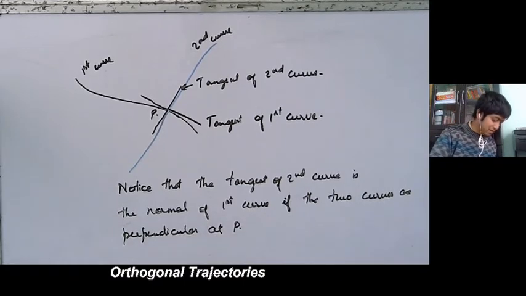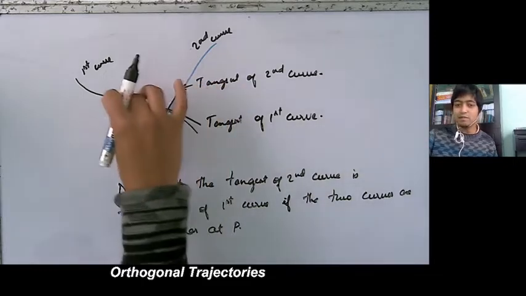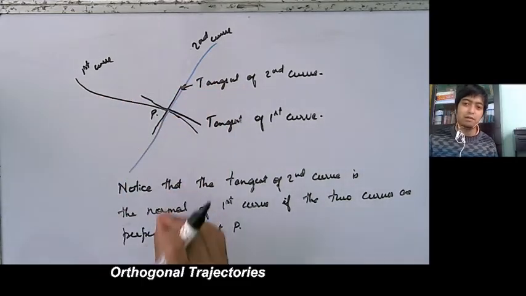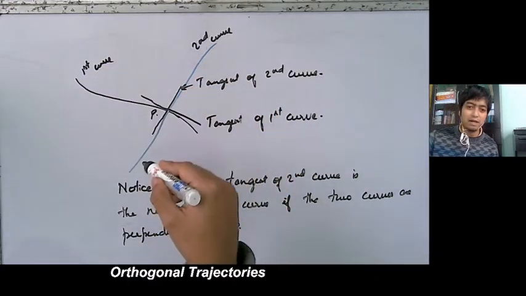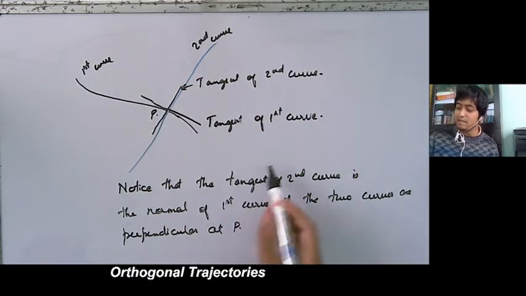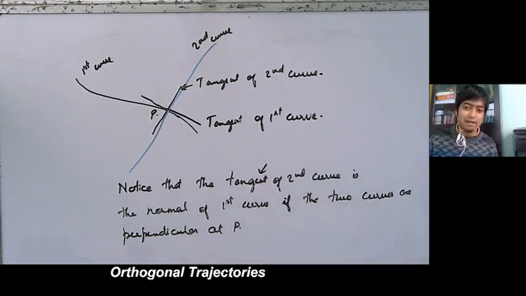So this is what I am saying. And because we are using tangents and normals, now from curves we have gone into straight lines. Given curves, now we are using tangents. Tangents are just straight lines.